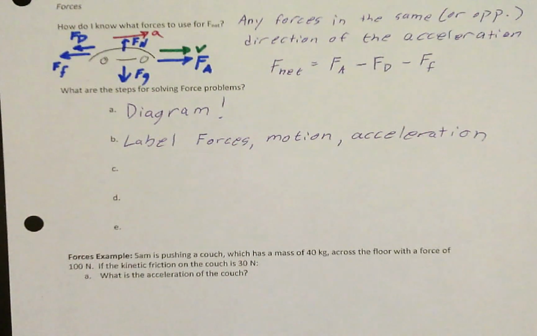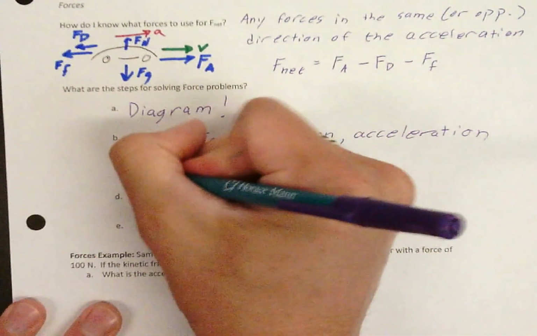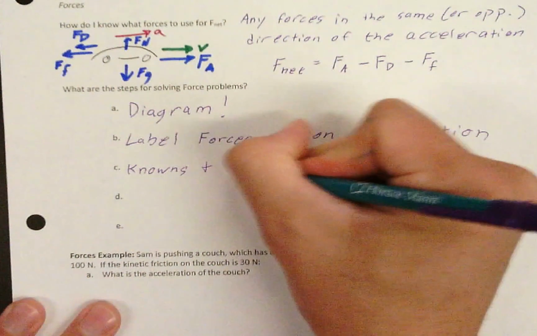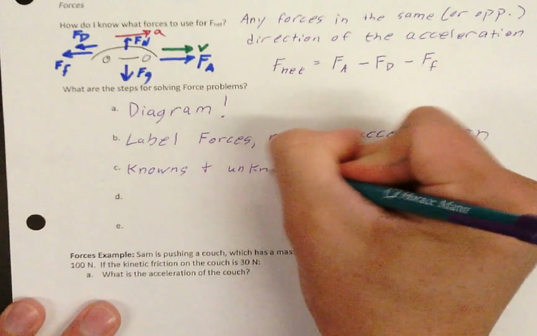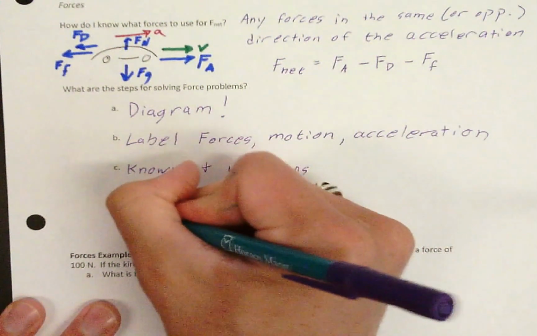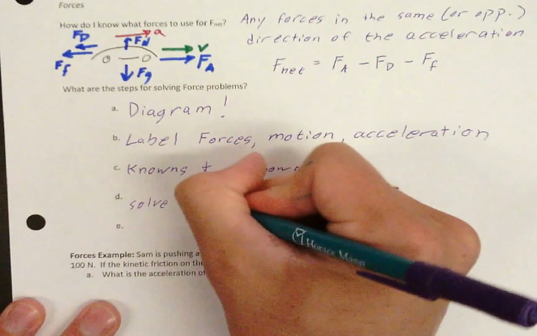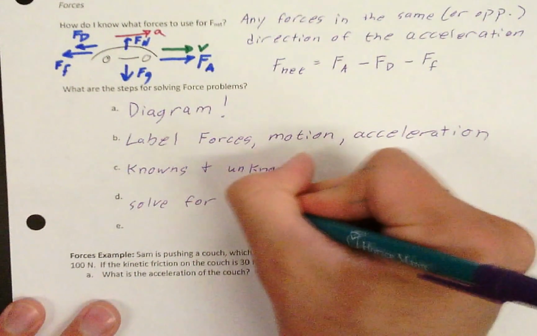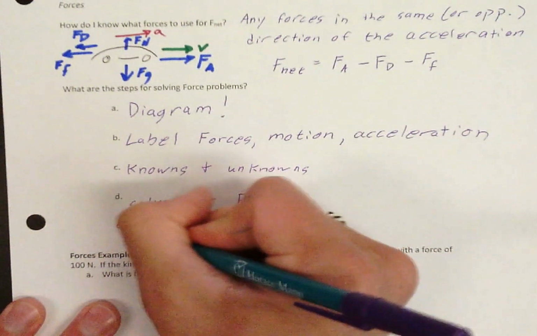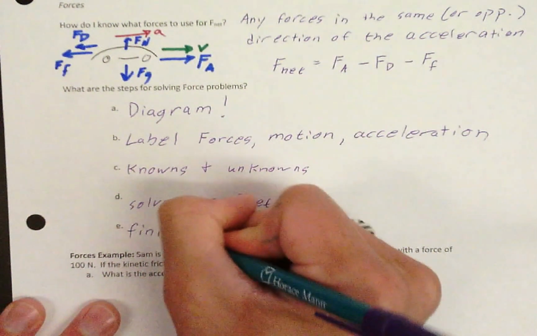Okay. C, knowns and unknowns, nothing new there. Okay, D, solve for the net force. And E, finish the problem, whatever it asks you to do.